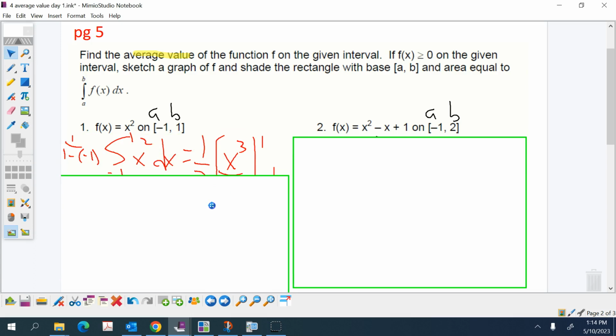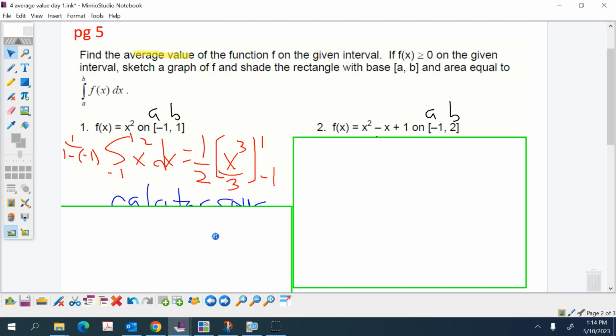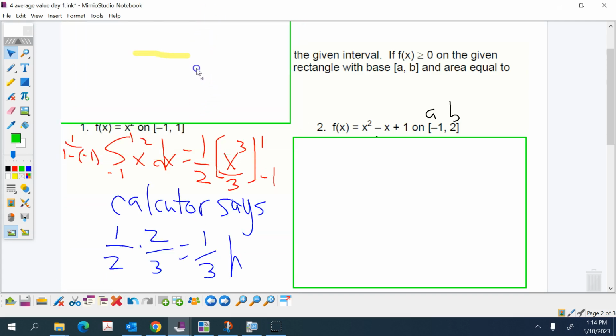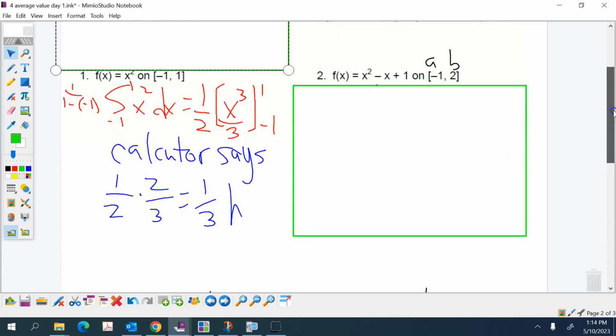Here I am setting up the problem. 1 over b minus a times the integral from -1 to 1, all in my calculator. It ends up being 1/2 times the integral. The calculator does the heavy lifting. It ends up being 1/2 times 2/3, or another height of 1/3.